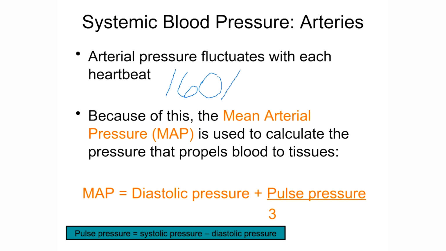What I want you to do is go ahead and work with this MAP equation and calculate what the mean arterial pressure would be when blood pressure is that high, and then also calculate what the mean arterial pressure would be when you've got a pressure of 60 over 40. Okay, so a really, really low blood pressure. If you need to, go ahead and push pause on this video and work through those calculations so that you're familiar with how to calculate MAP.